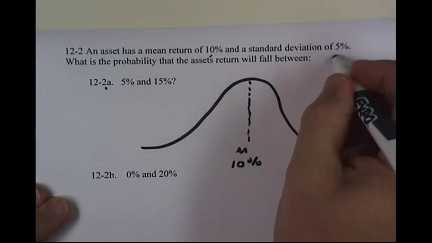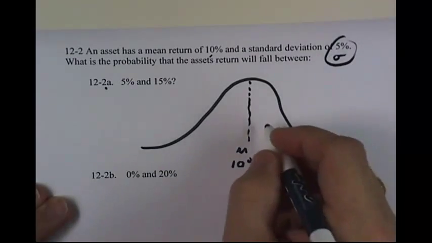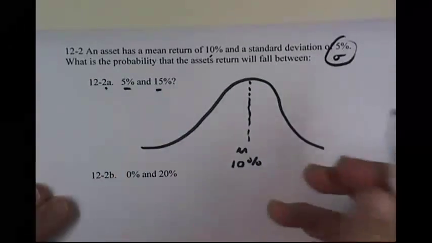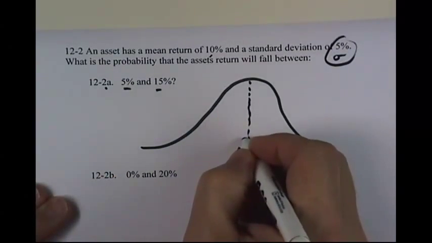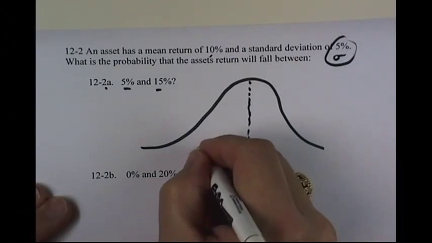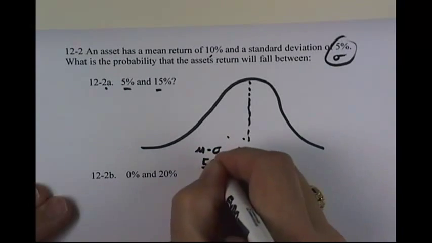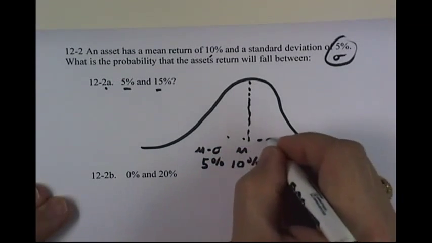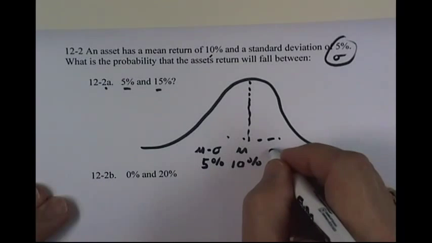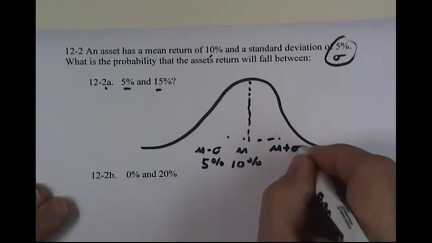And with a standard deviation of 5%, we can move to the points that we're asked about by going down 1 sigma below the mean and going up 1 sigma above the mean.